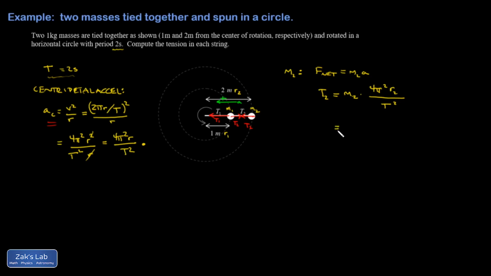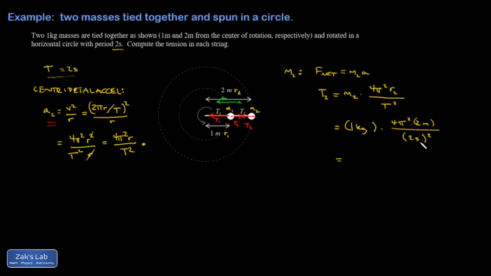All right, I'm ready to plug into my calculator at this point. This is a 1 kilogram mass, and then I have a 4 pi squared. Radius of curvature was 2 meters. Period of rotation was 2 seconds. Before I smash that in my calculator, I want to look at the units real quick. I have meters up here, squared seconds in the denominator.